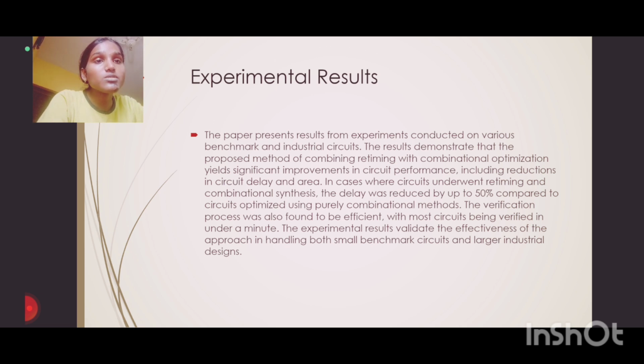The delay was reduced by up to 50% compared to circuits optimized using purely combinational methods. The verification process was also found to be efficient, with most circuits being verified in under a minute. The experimental results validate the effectiveness of the approach in handling both small benchmark circuits and large industrial designs.